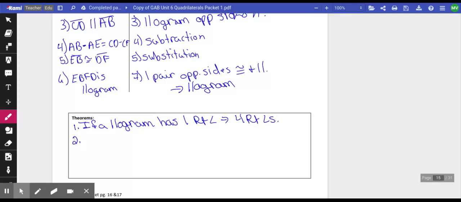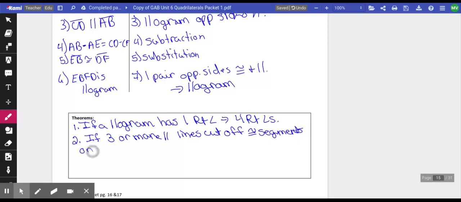My second theorem that I need to say is if 3 or more parallel lines cut off congruent segments on one transversal, then they cut off congruent segments on every transversal.